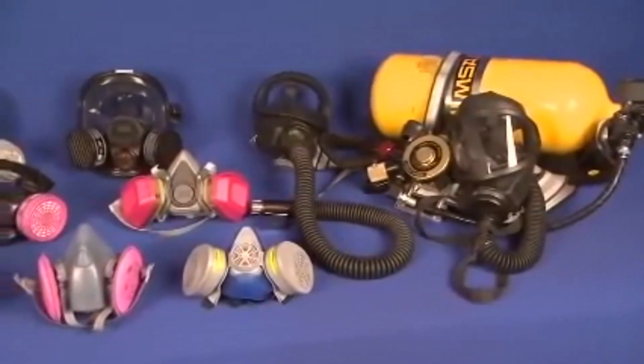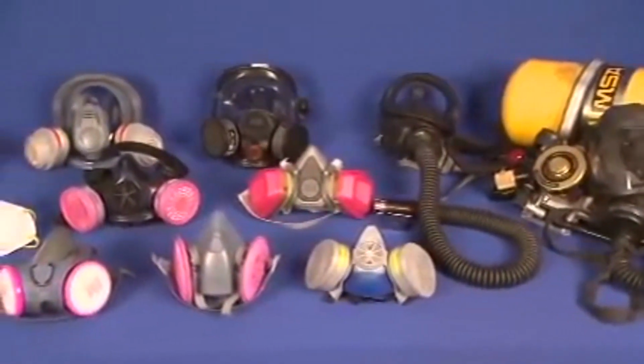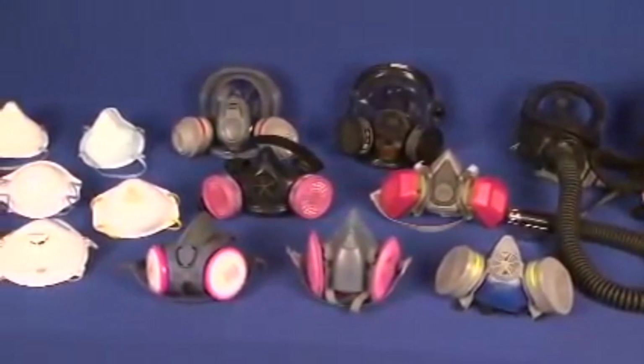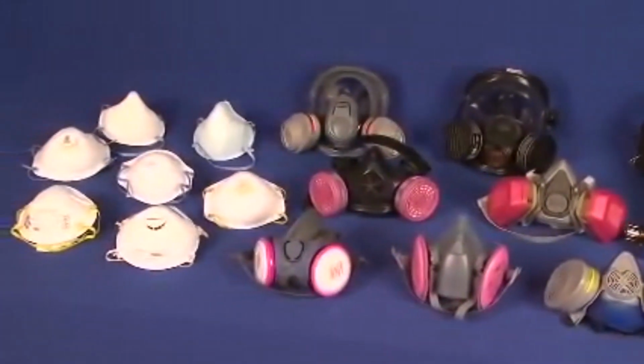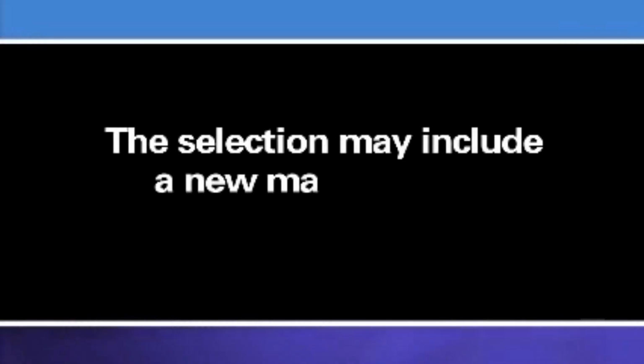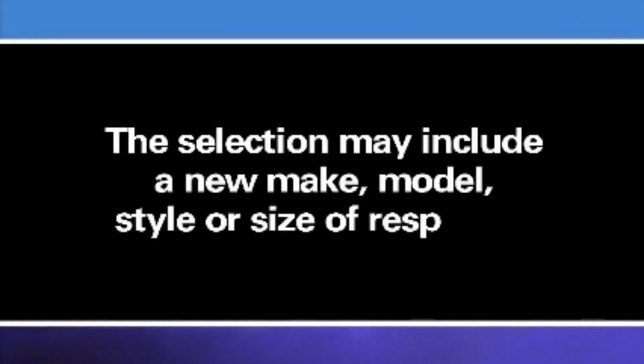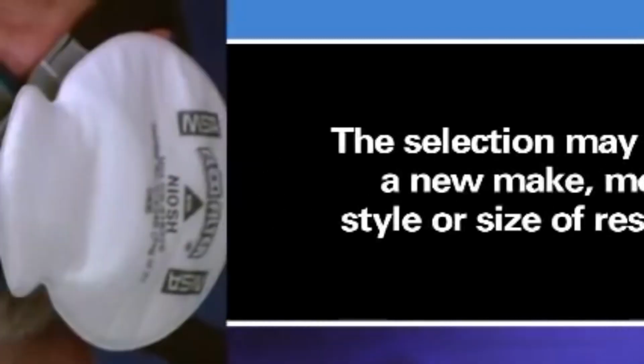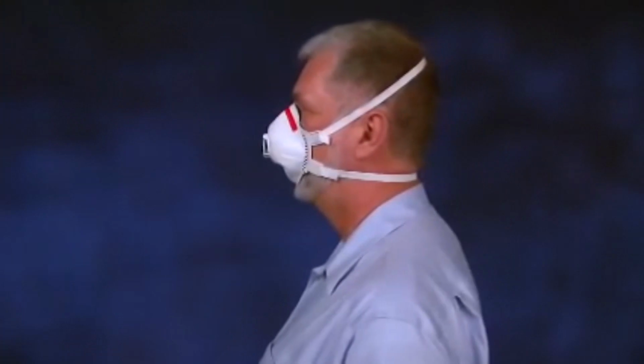If you find that the fit of your respirator becomes unacceptable, you must be allowed to select a different type of respirator and be retested. The selection may include a new make, model, style, or size of respirator. Facial hair, like a beard or mustache, can affect your respirator's ability to protect you.